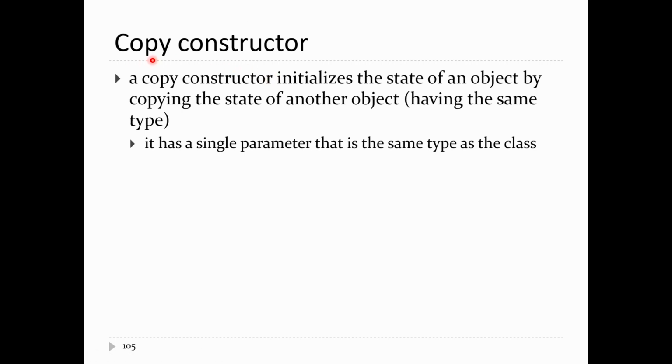So we can keep on adding more constructors. There's something called the copy constructor. A copy constructor initializes the state of an object by copying the state of another object of the same type. You can identify a copy constructor because it always has one parameter, and the parameter is usually the exact same type as the class.